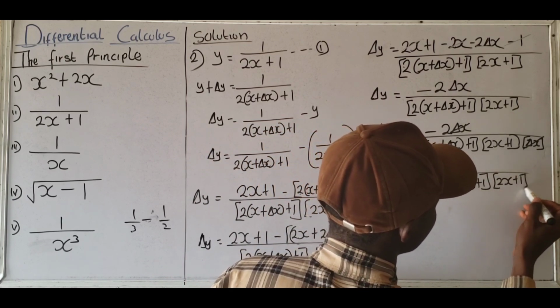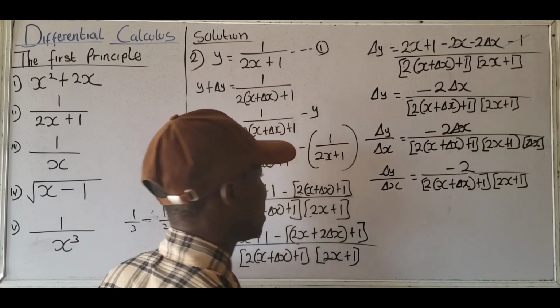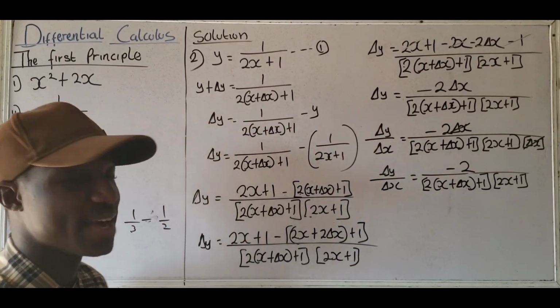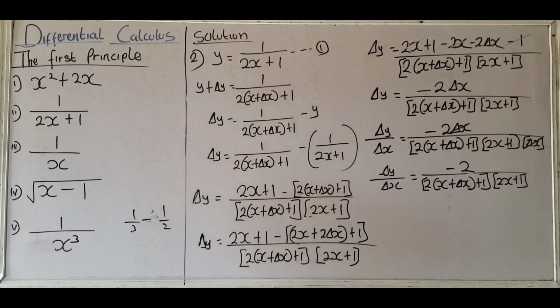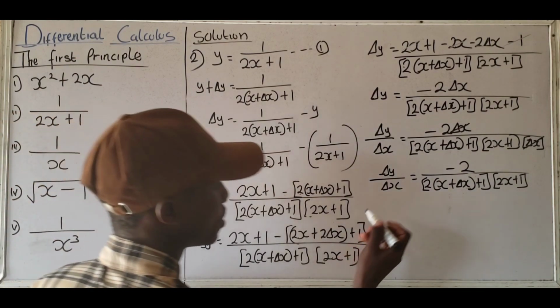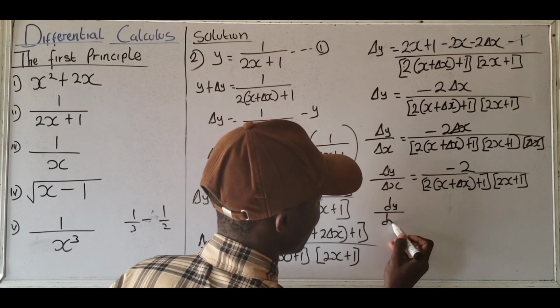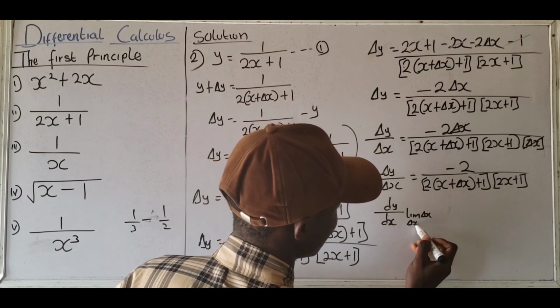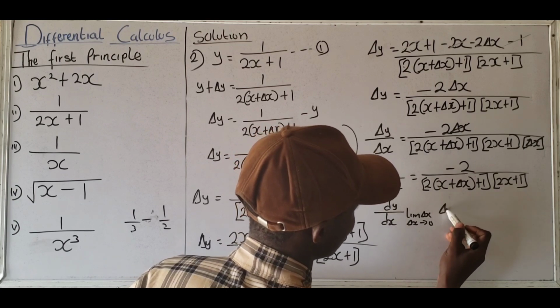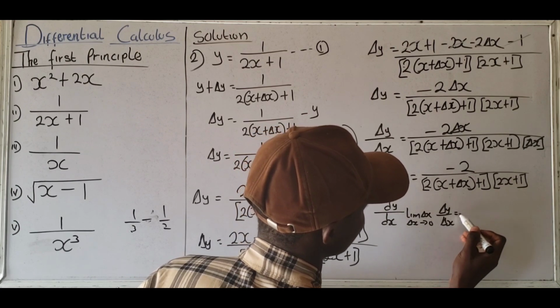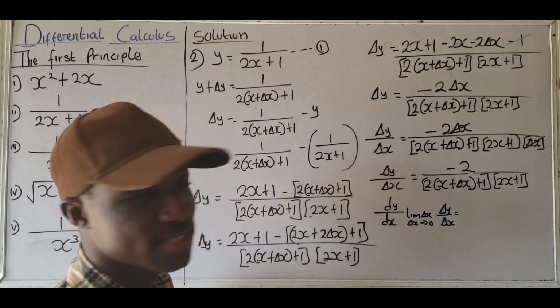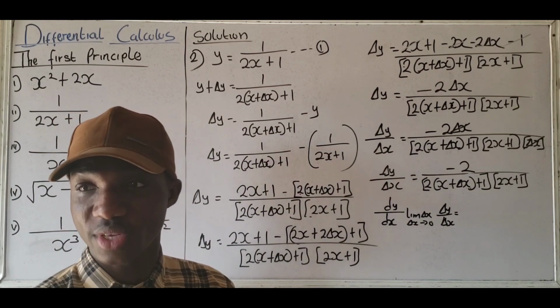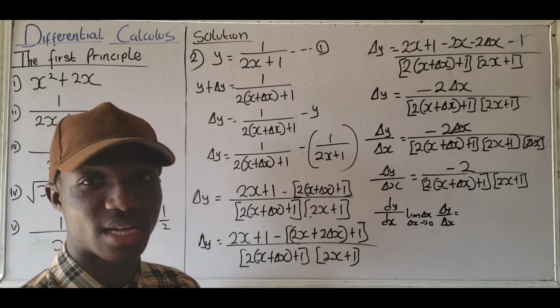Delta x plus 1, 2x plus 1, okay? Now, the next step is that we have to limit delta x as delta x approaches 0, you understand? So I'm going to have dy all over dx, limit delta x as delta x tends to 0. That means that anywhere I see delta x at the right hand side of the equation, I'm going to replace it as 0, okay?